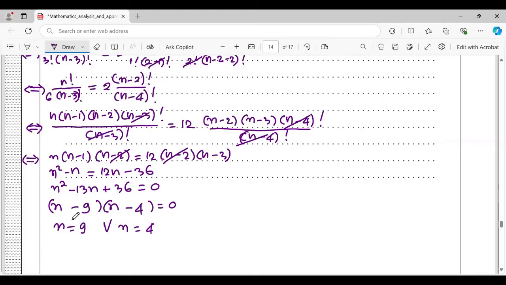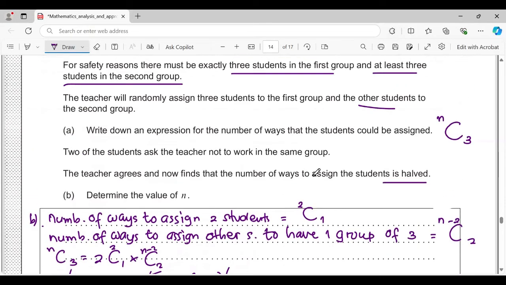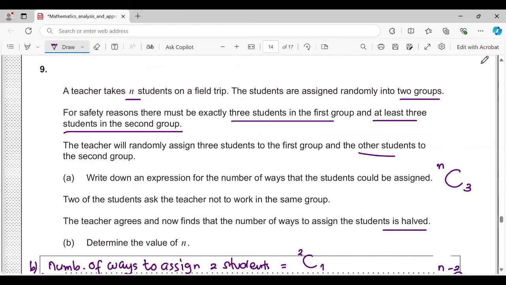But we accept the solution n equals 9. Why? Because when the teachers divide their groups, look, there are 3 students in the first group and at least 3 students in the second group.